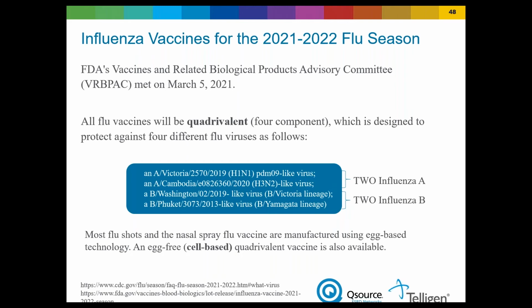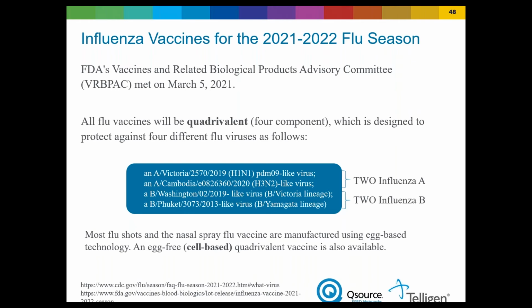So the influenza vaccine for the current season, 2021-2022, is as follows. The FDA's Vaccines and Related Biologic Products Advisory Committee, after going through the steps that I mentioned earlier, met in March 2021 to decide on the components of the vaccine.